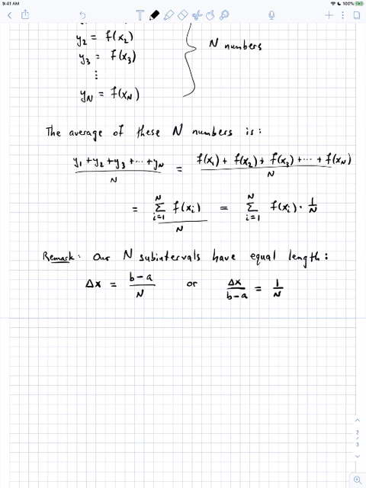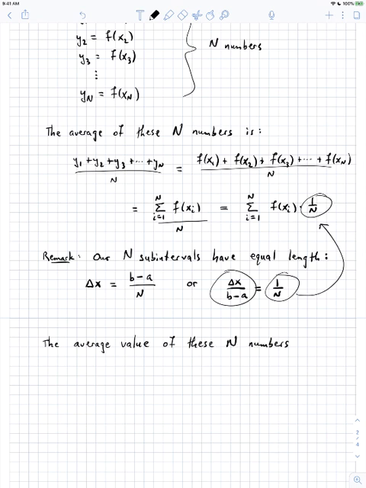You might ask, why would you prefer? Well, notice that there's a 1 over n there, and there's a 1 over n there. So what I can do is substitute in delta x over b minus a for that 1 over n. So the average value of these n numbers is the sum i equals 1 to n of f at x_i times 1 over n.